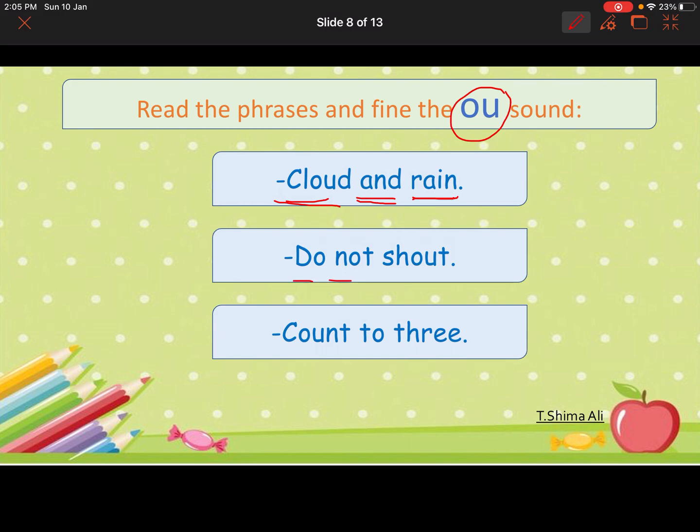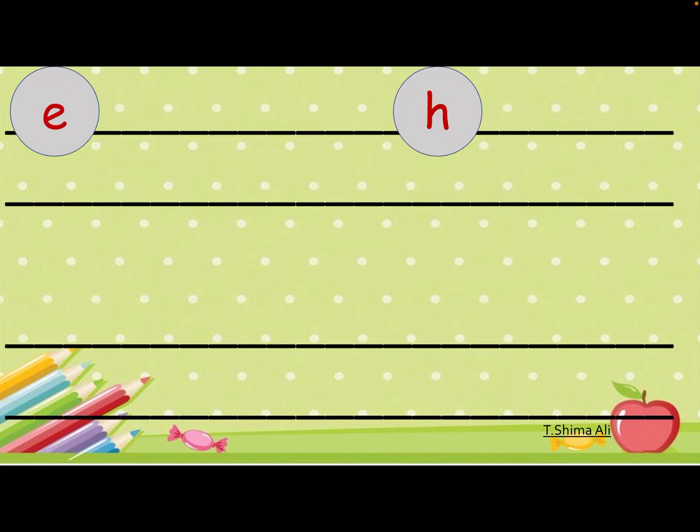Number 2 we have do not shout. Do not shout. Number 3 we have count to 3. Count to 3. Okay, grade 2, find the words that have the ow sound and then read these sentences.